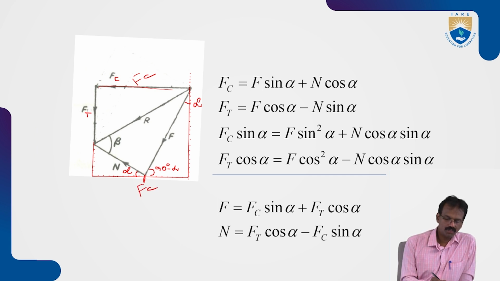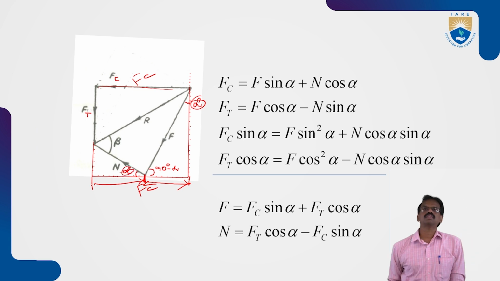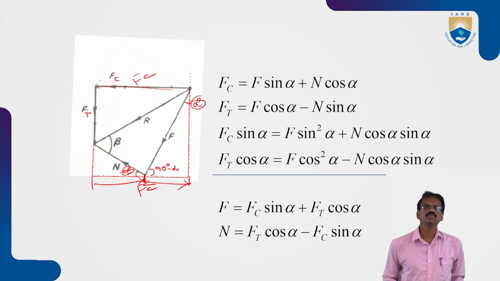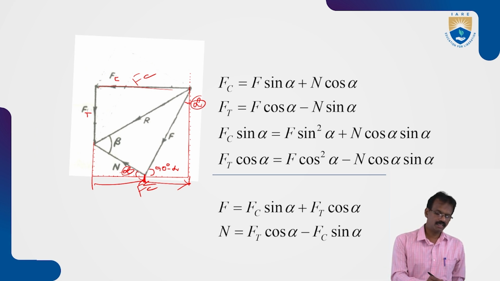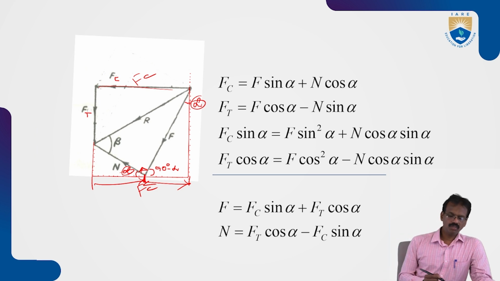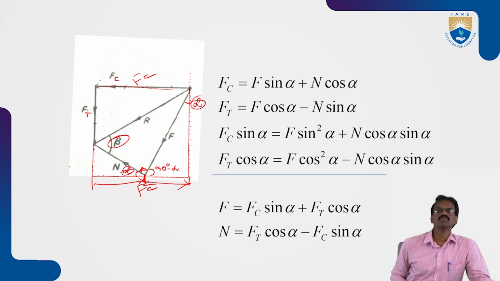So here Fc means the distance of this plus the distance of that one also. This distance is the opposite side to alpha, and this distance is the adjacent side to alpha, because this is also alpha, since these are the tangent line and normal lines, or tangential orthogonal lines. This beta is the coefficient of friction angle.